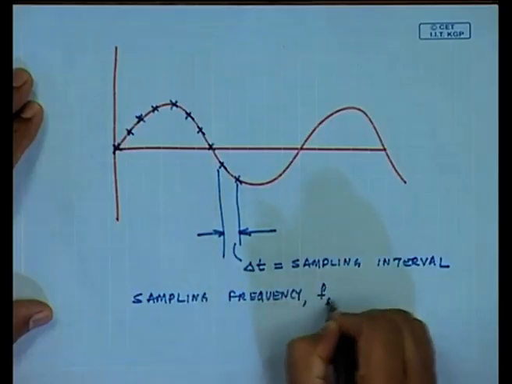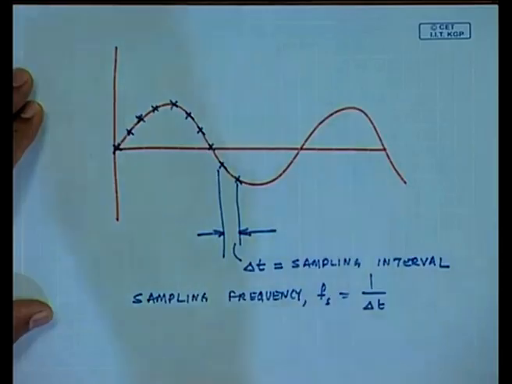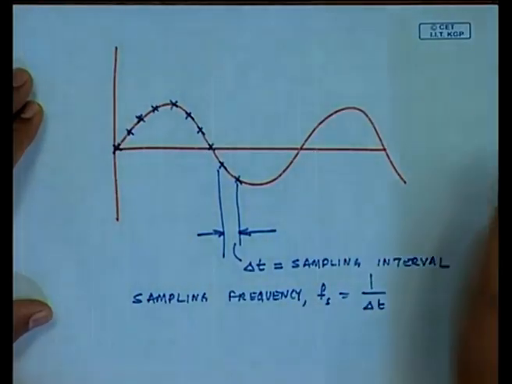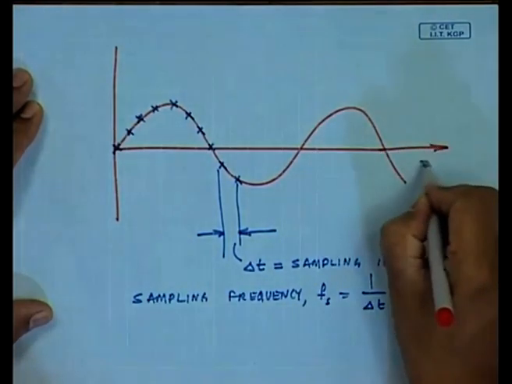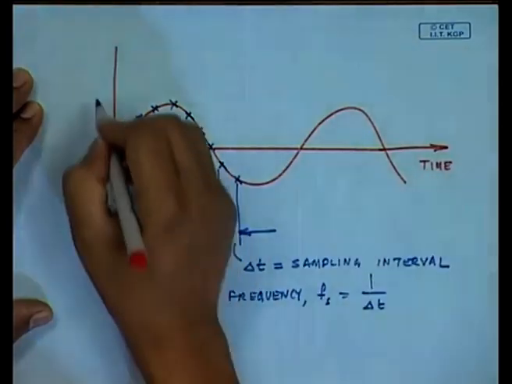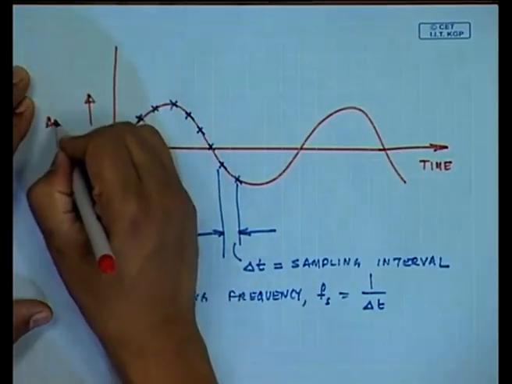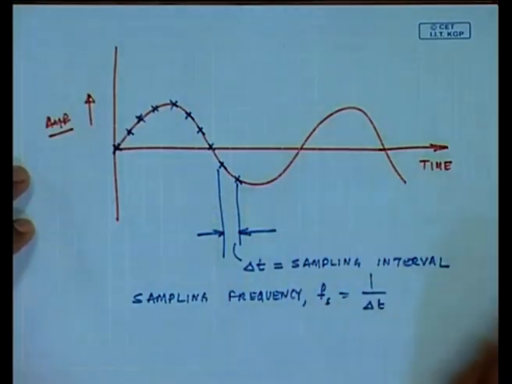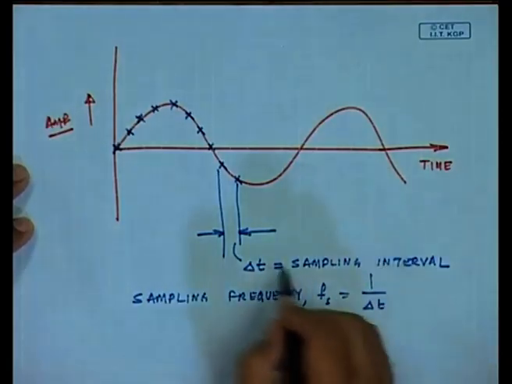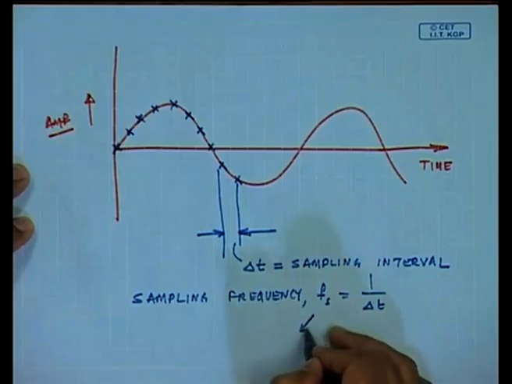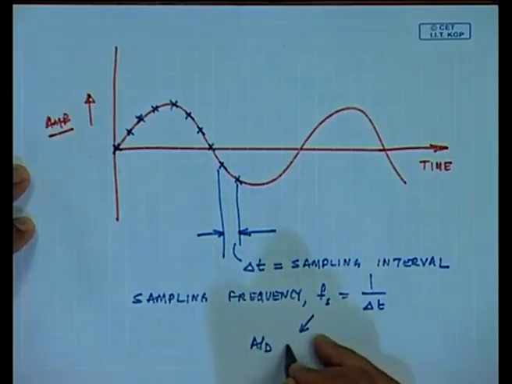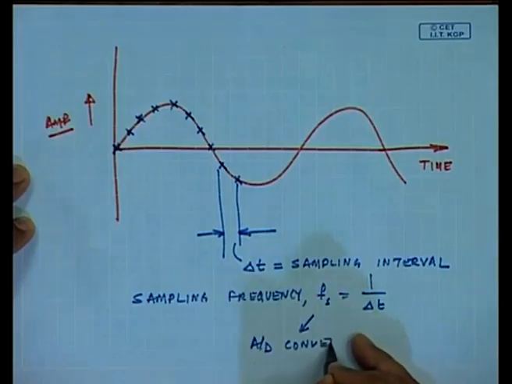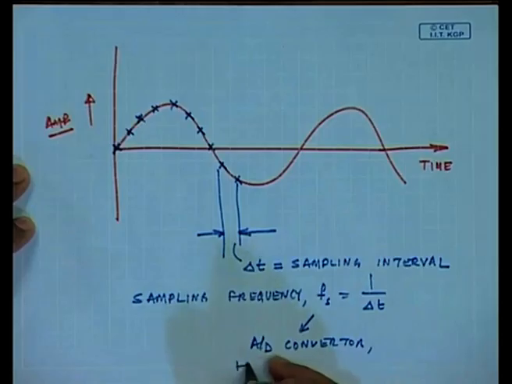Denoted by f sub s, which is the reciprocal of the sampling interval, this is in the time domain, and this is the amplitude. We will come to the amplitude later, but suppose this sampling interval is fixed by the A to D converter, and it is hardware set.